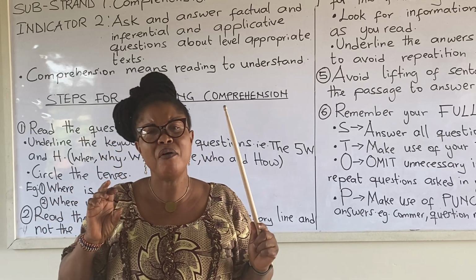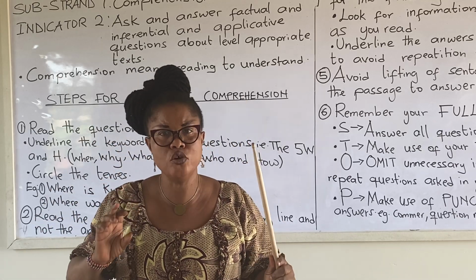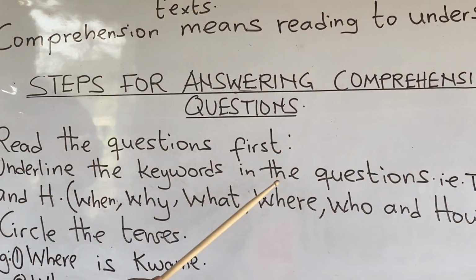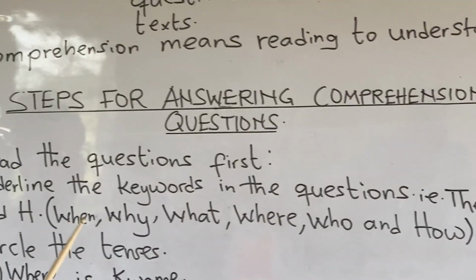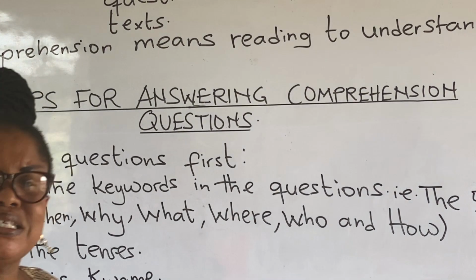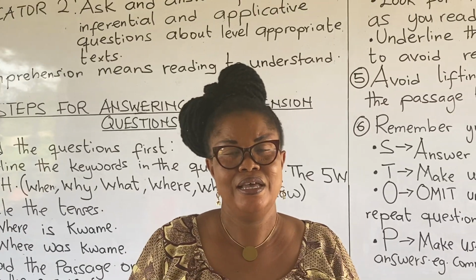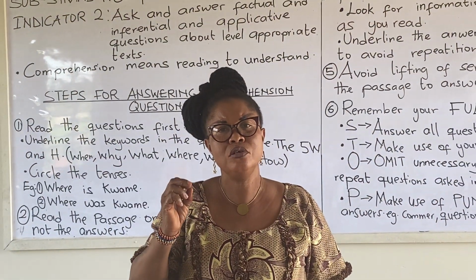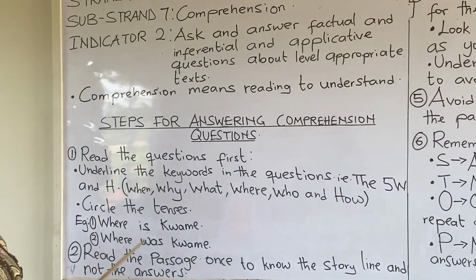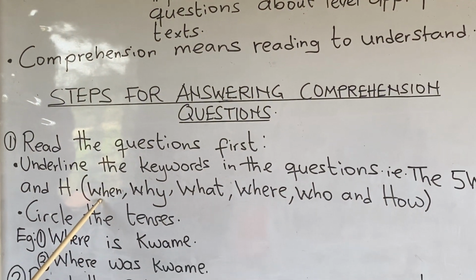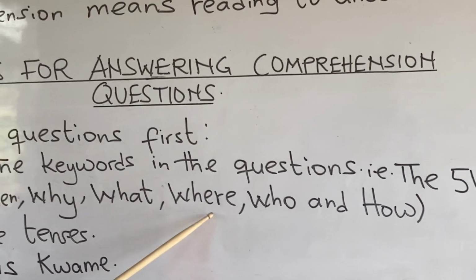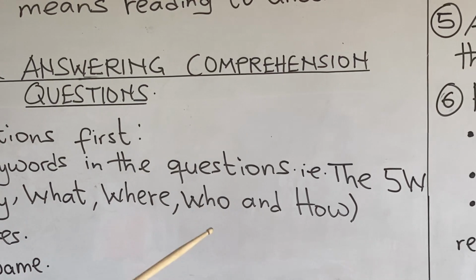Now, let's look at some of the things that we need to note. Underline the keywords in the questions. And what are the keywords? They are the 5W and H. They are when, why, what, where, who, and how.